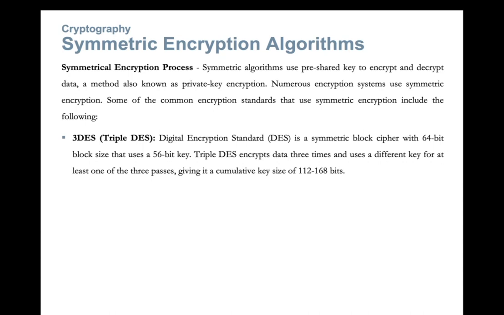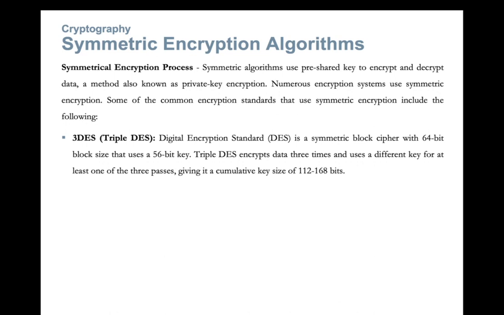Triple DES encrypts the data three times and uses a different key for at least one of the three passes, giving it a cumulative key size of 112 to 168 bits. So triple DES is resistant to attack, but it is much slower than DES, the simple Data Encryption Standard.